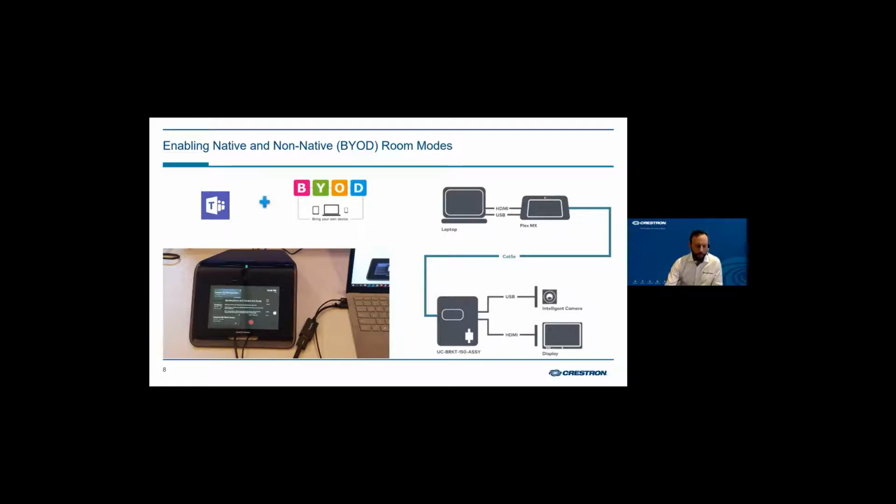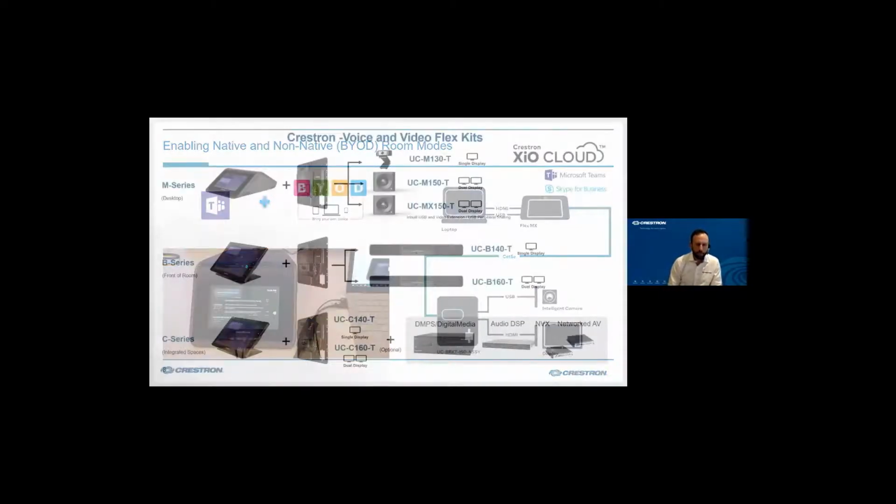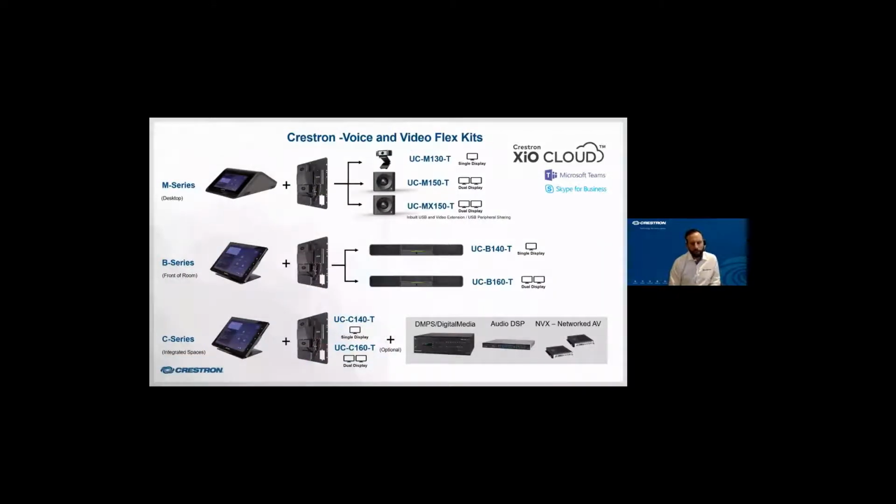This functionality started out on the MX series, but it will be coming to our range of devices a bit later on. So what you can see from our range is that we have a very simple way to look at all types of meeting rooms. From our M series desktop solutions, you'll see there's a ubiquitous feature down the middle, which is the UC engine.